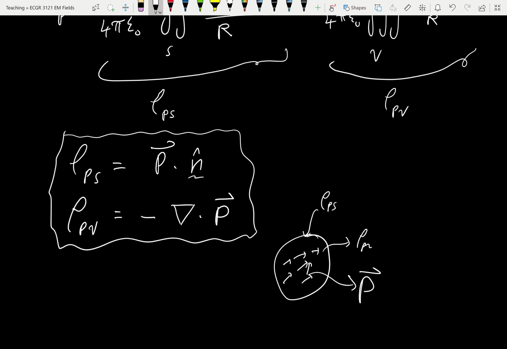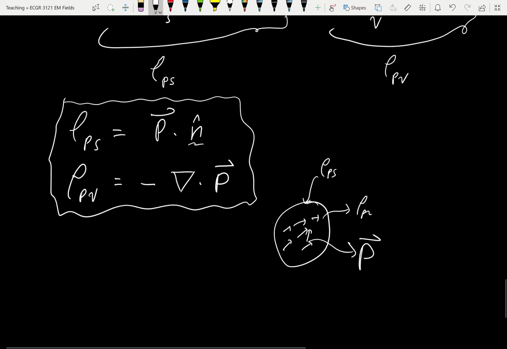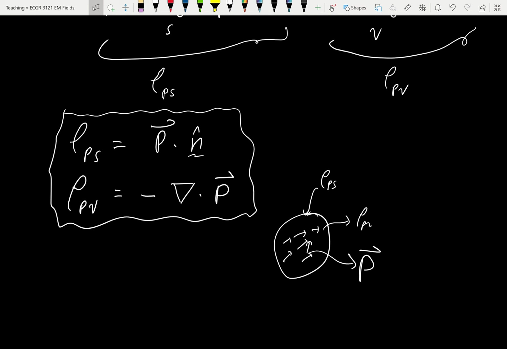There might be other charge densities in the medium, some free charge densities. We don't care about those. We only care about those that arise due to the state of the polarization. Those will always have this form. This is the relationship between P and rho.